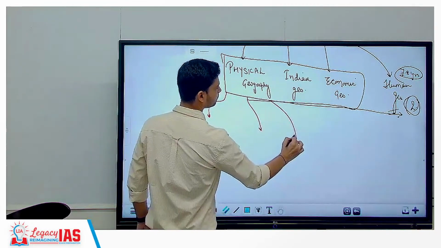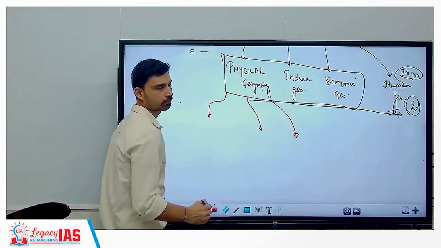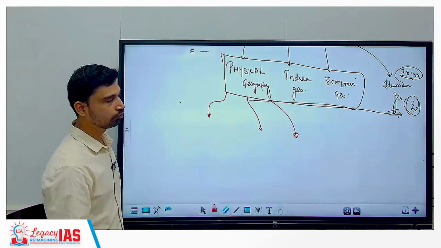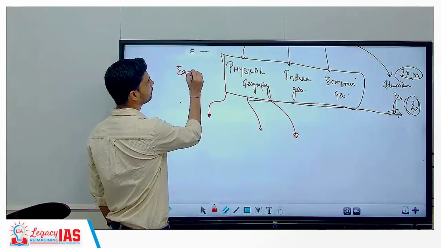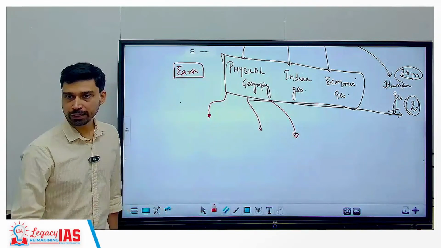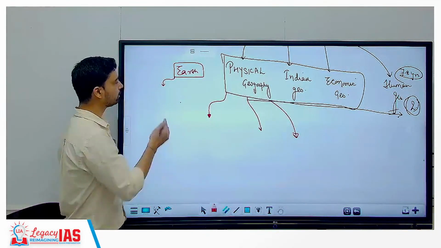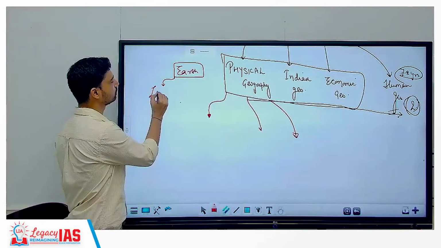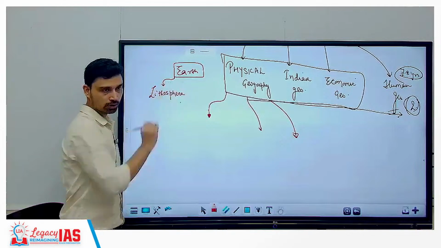Physical geography. First, if you talk about Earth, Earth is made up of 3 different kinds of features. One is the land feature. What is the land part of Earth called? It is referred to as the lithosphere.